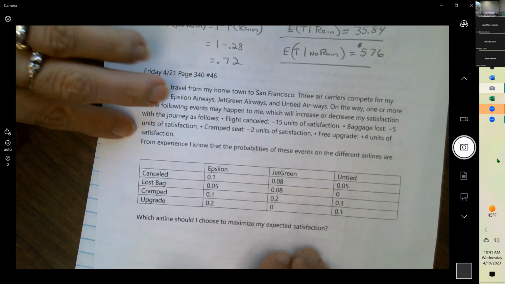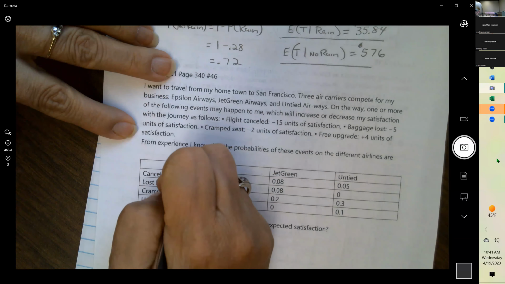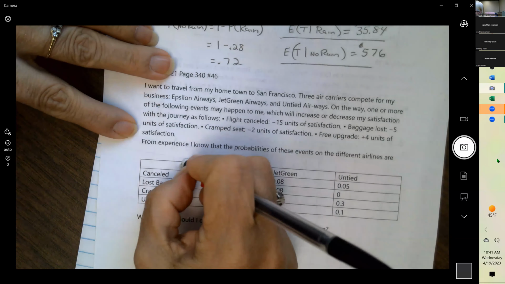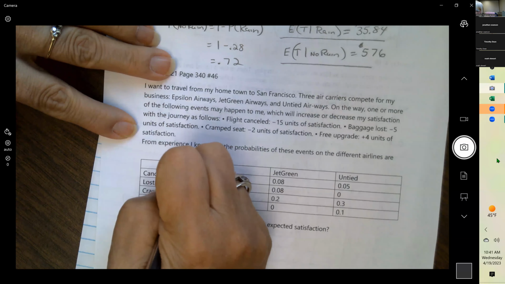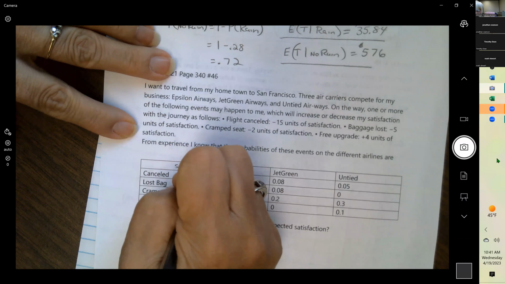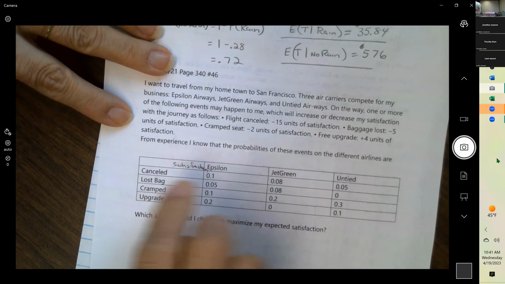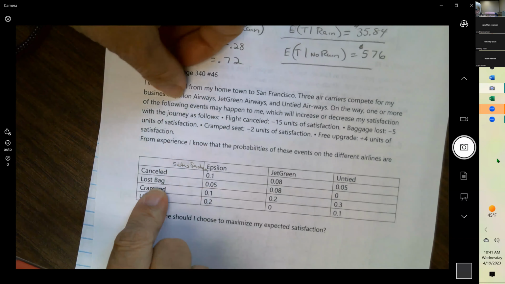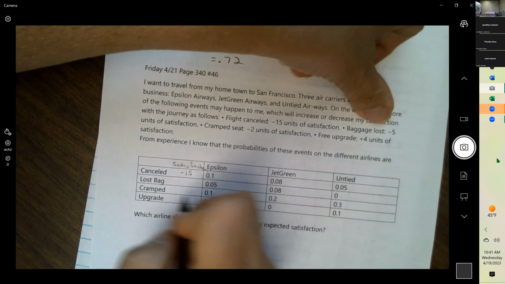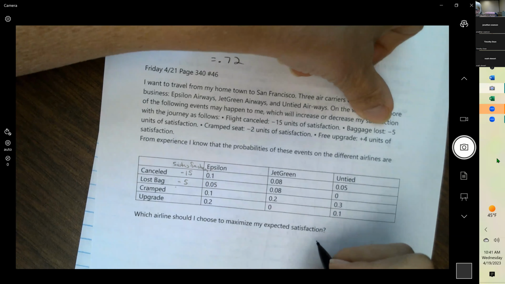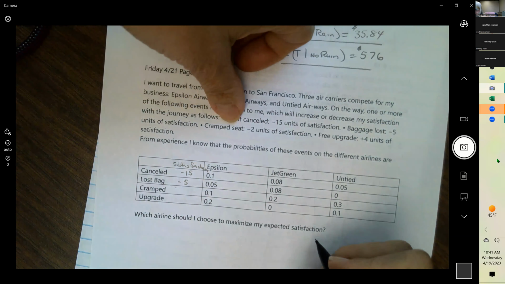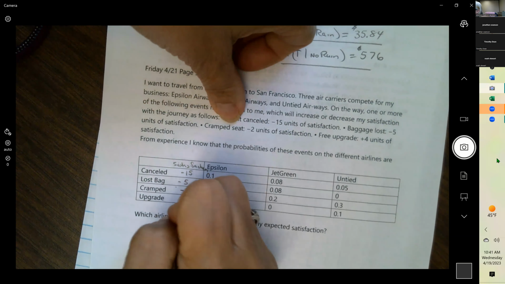Well, we know satisfaction canceled, -15. Baggage lost, -5. Cramped seating, -2.